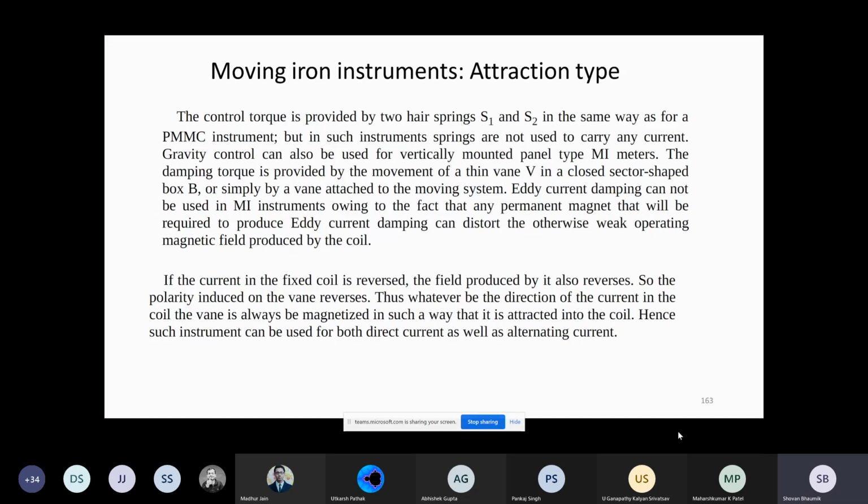Now you think about how I am saying that it can measure AC and DC both. Suppose the current in the fixed coil is reversed.